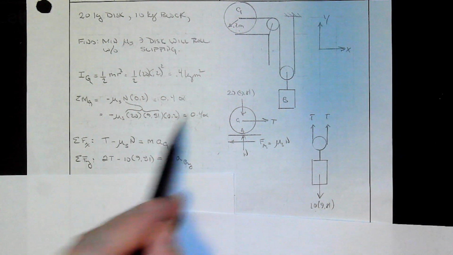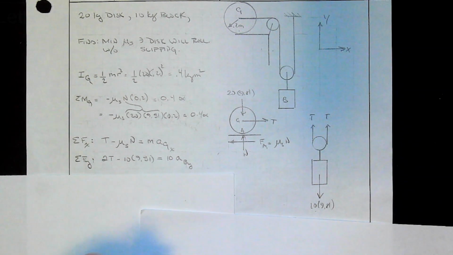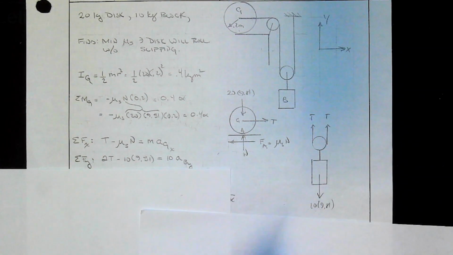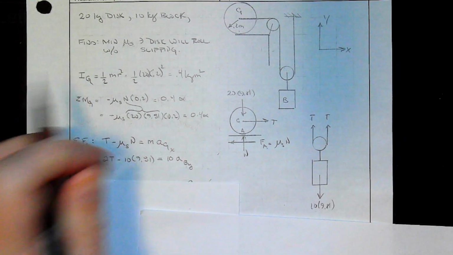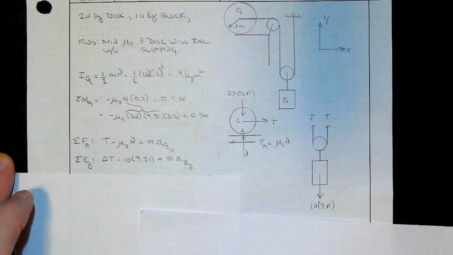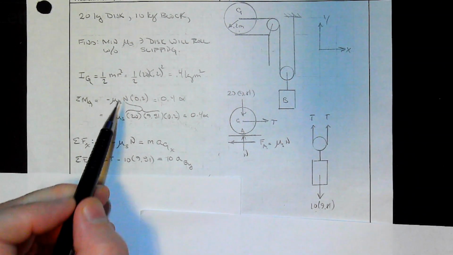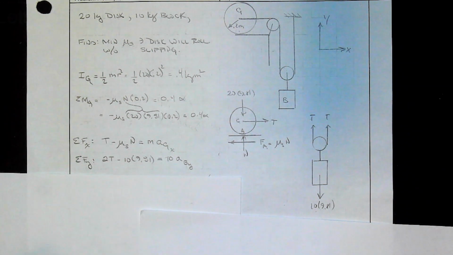So we have 4 unknowns, two equations. Now we're going to go over here and sum forces in the y. So we have 2T up minus 10 times 9.81 down, and that will be mass times acceleration in the y for the block. Now we have 5 unknowns, 3 equations. We need 2 more equations to make this thing work out.